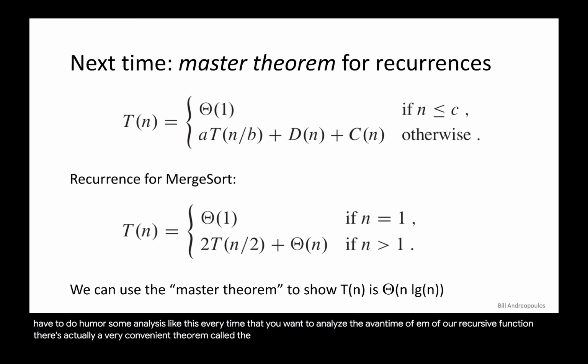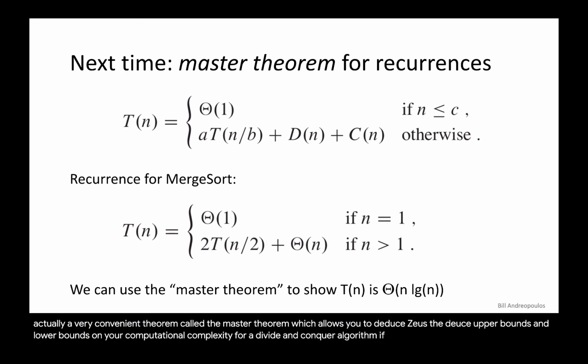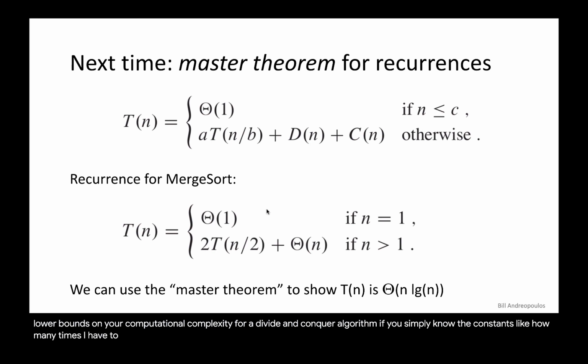Like, for example, how many subproblems does your original problem get broken up into at each level, and by what factor does the problem get reduced at each level? If you just know those constants for divide and conquer, then you can easily extract the upper bound for your recursive functions.